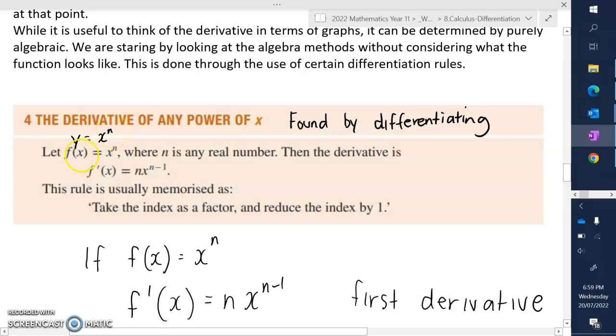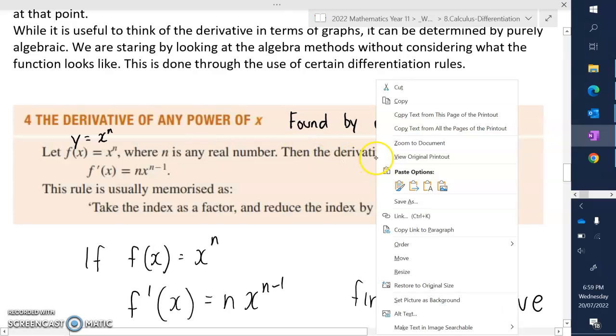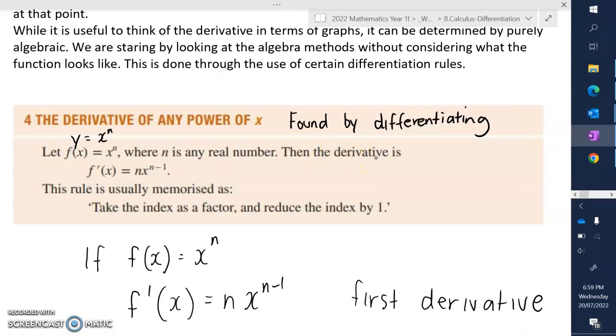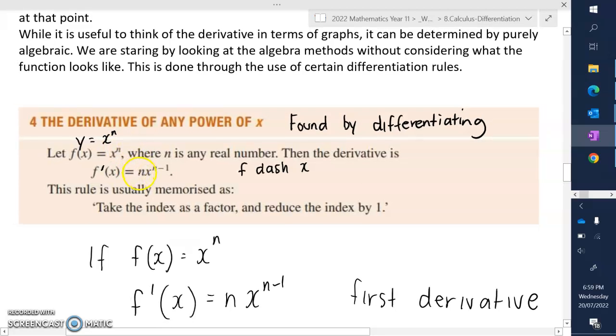So if our function is equal to x to the power of n, where n is any real number, then the derivative of that function, we're going to call f with a little dash, f dash of x. What we do is we take that n that's up the top and pop that n down the front.